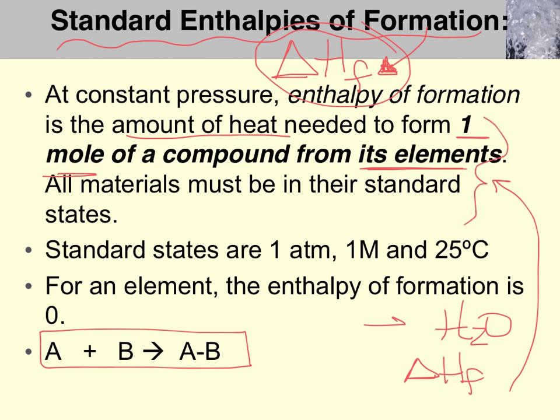First of all, if it's heat of formation, it has to be forming 1 mole of the product, so this has to be a 1. What are the elements that make up water? We have hydrogen and we have oxygen. The other part of the definition is that all the materials, all the elements, must be in their standard state.